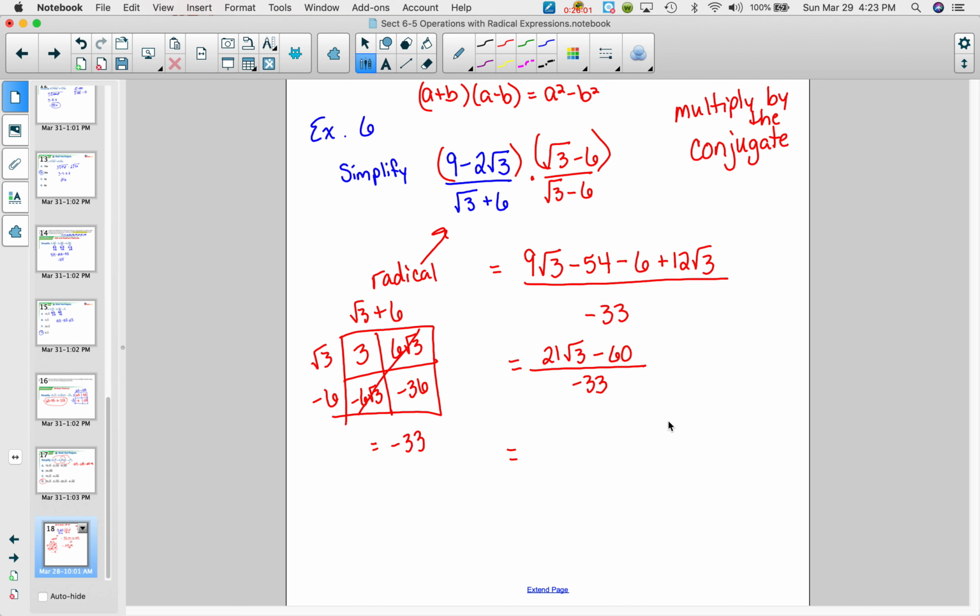I noticed something else I can do as well, because I can divide the 21 by 3, and I can divide the 60 by 3, and I can divide this by 3. So I'm going to factor a 3 out of the numerator. And then notice I can cancel the 3, and it leaves me an 11 down here.